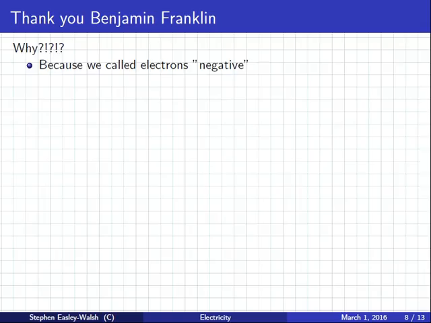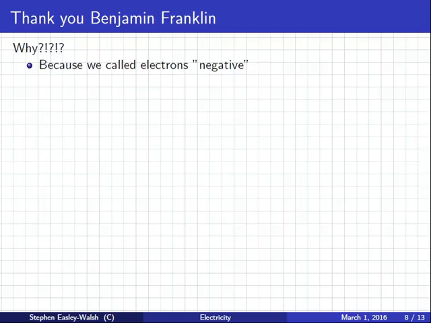So if we called electrons positive and protons negative, that would be okay as long as everybody does that. The only reason we call them positive and negative is to show that one is the opposite of the other. Not because one really is positive and the other really is negative, but because one is one thing and the other is the opposite. That's why we call them plus and minus.